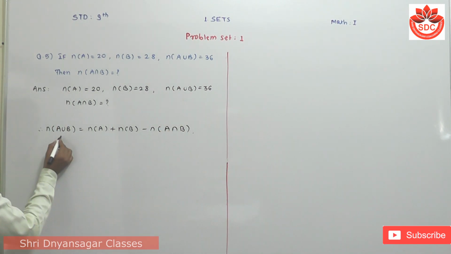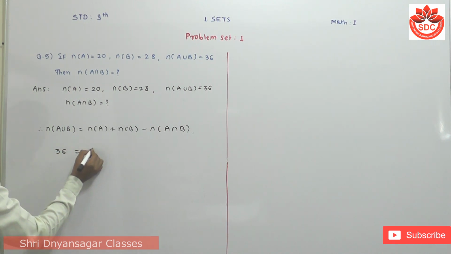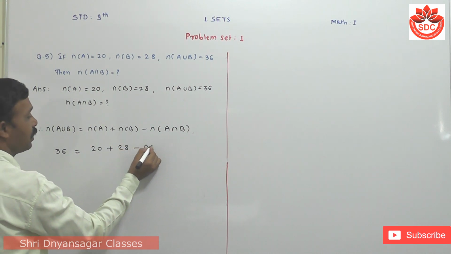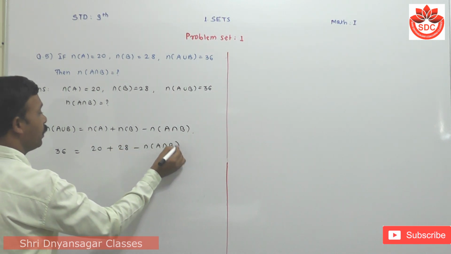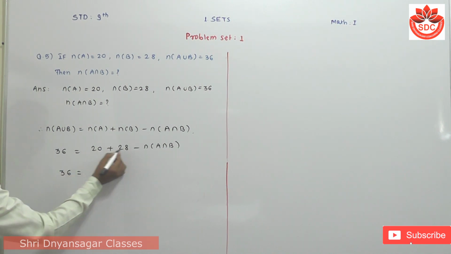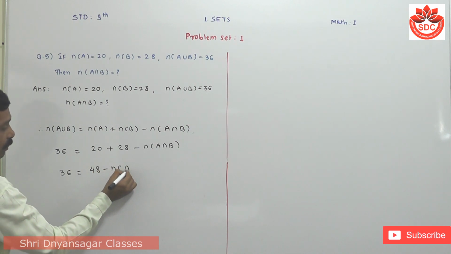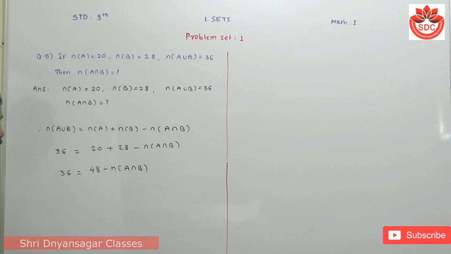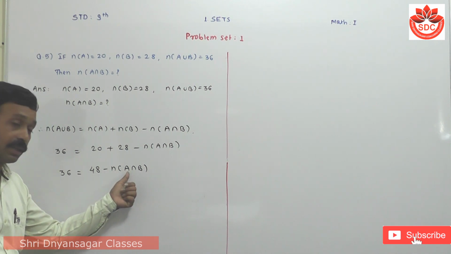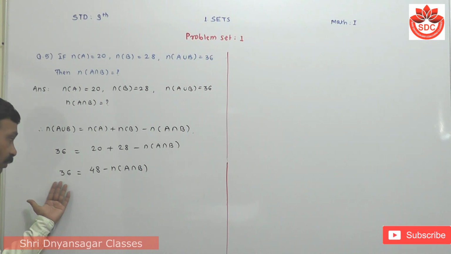Substitute the values. A union B is 36, equal to n of A is 20 plus n of B is 28 minus n of A intersection B. Adding these two, we get 36 is equal to 48 minus n of A intersection B. Student, transpose this minus n of A intersection B to this side, converting it to plus, and this 36 converts to minus.